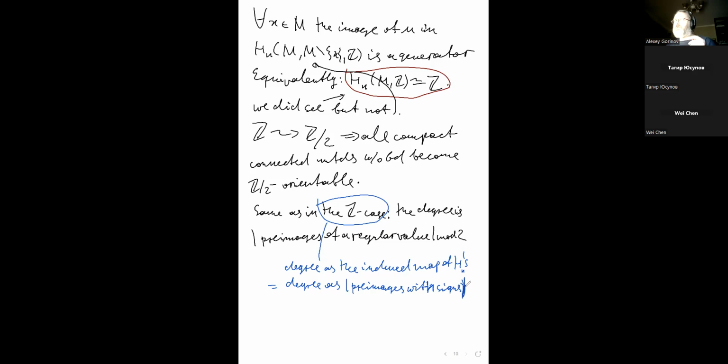Firstly, we have the induced map of the homology groups, and if we are given the orientations, we can identify both the source and the target with the Z, and then we get a map from Z to Z. It's multiplication by some integer, and this integer is the degree. This is one definition. And the other one is obtained by counting pre-images with signs. And we did prove that both definitions give the same result.